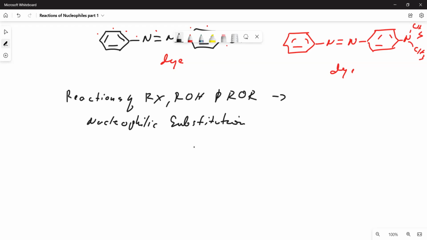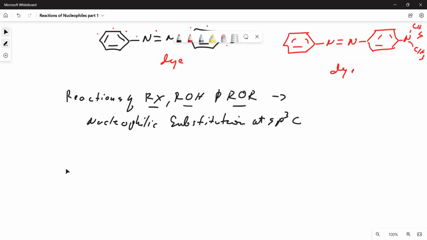You have nucleophilic aromatic substitution, and nucleophilic substitution at sp3 carbon. So this refers to alkyl halides, alcohols, and ethers. But we also have substitution at sp2 carbon, and that refers to the reaction of carboxylic acid and its derivatives, which we are going to deal with later. So now we'll focus on these reactions.